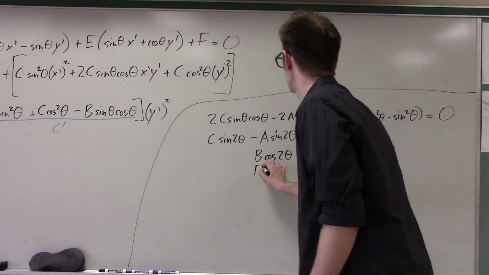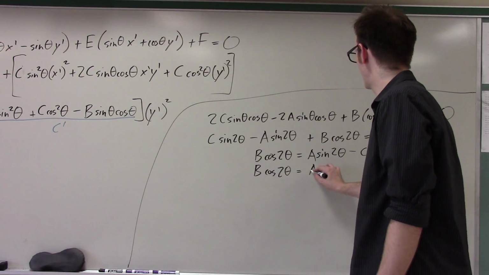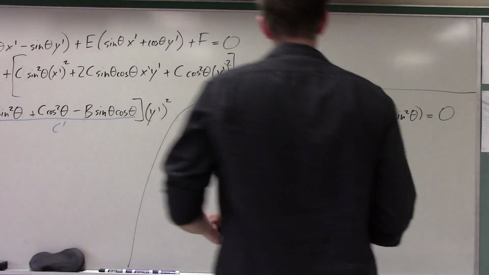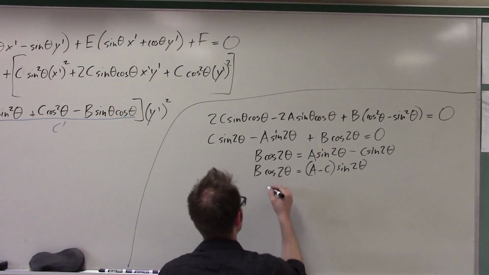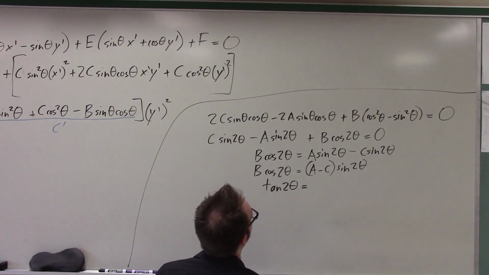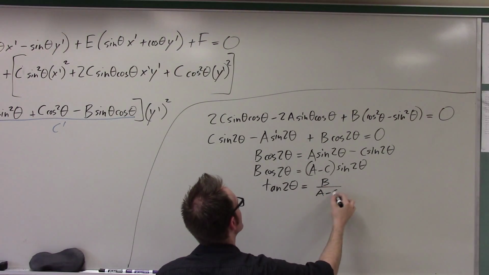In other words, b cosine 2 theta is a minus c times sine 2 theta. And now we can write this as a tan function. So my final answer just about is that tan 2 theta is b over a minus c.